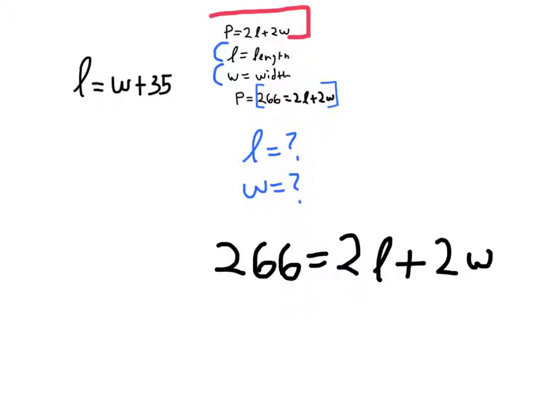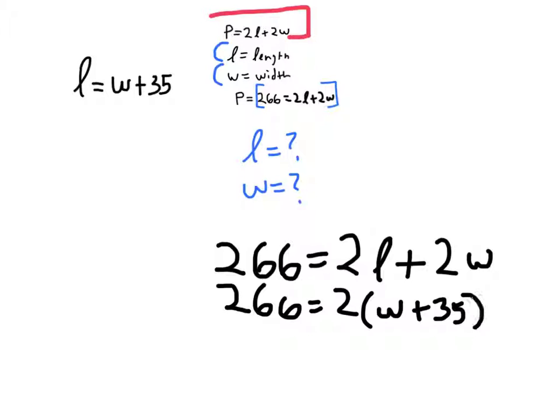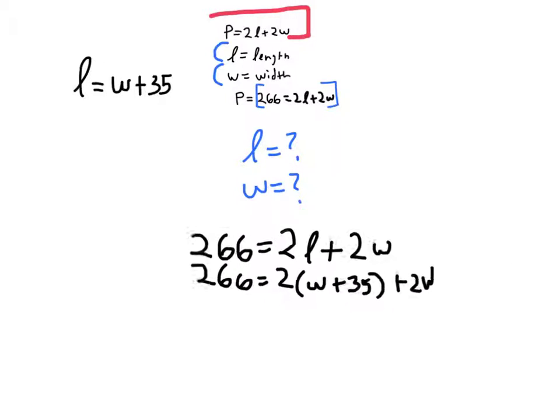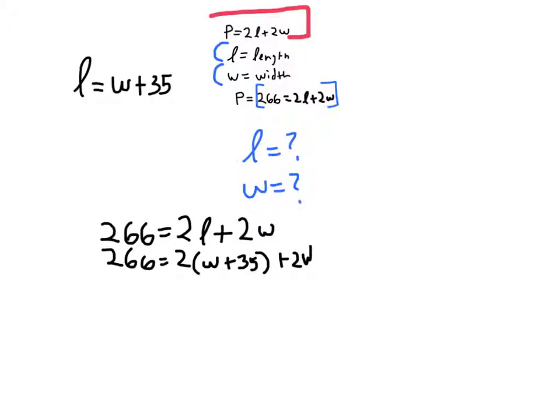But we already know that L is W plus 35. So we're going to replace that L with W plus 35. So we end up with 266 equals 2 times (W plus 35) plus this other 2W. And at that point, it's a distributive property situation where you have 266 equals, now we already went over the distributive property, so you know that that's 2W plus 70 plus another 2W.